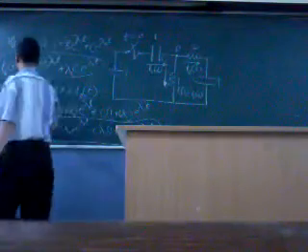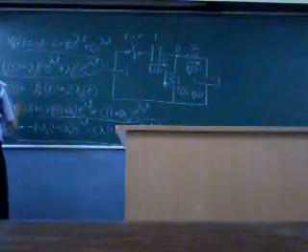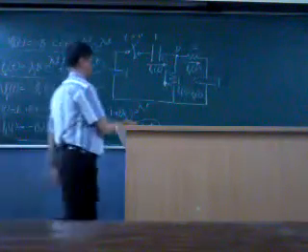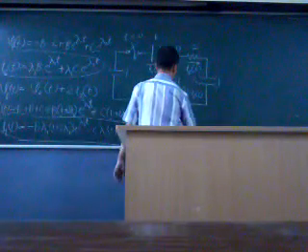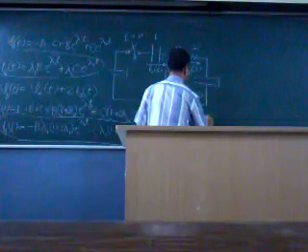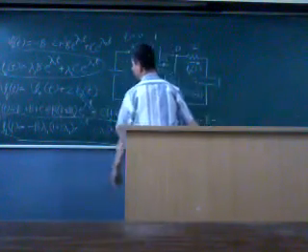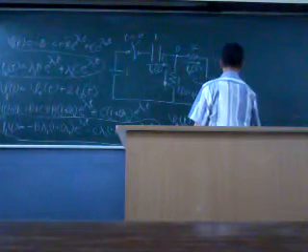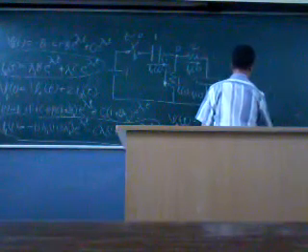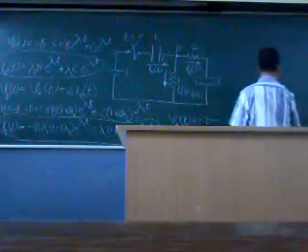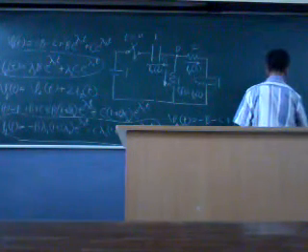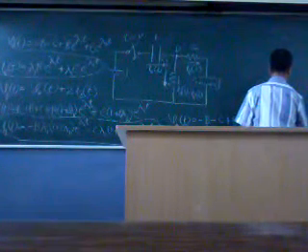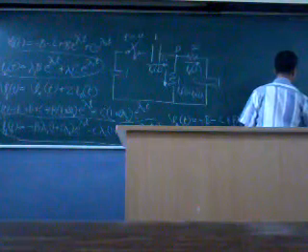So VD(t) I have just wiped out. VD(t) was, I rewrite, minus B minus C plus B into bracket 1 plus 2 lambda 1 e raised to lambda 1 t plus C into bracket 1 plus 2 lambda 2 e raised to lambda 2 t.